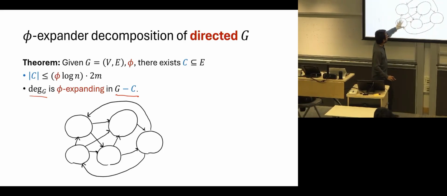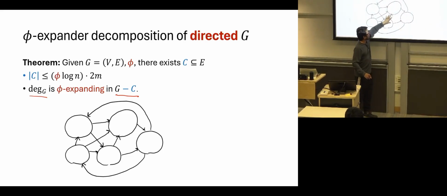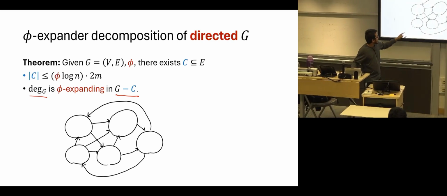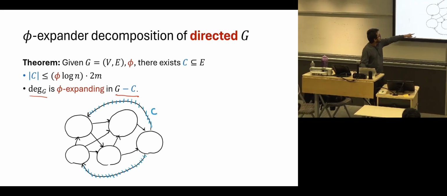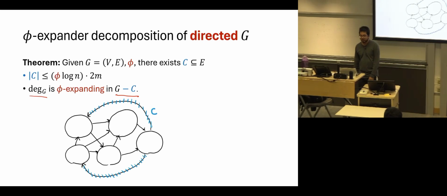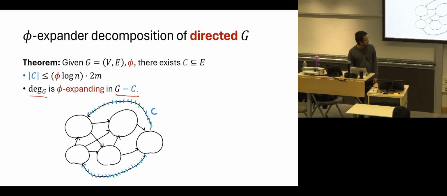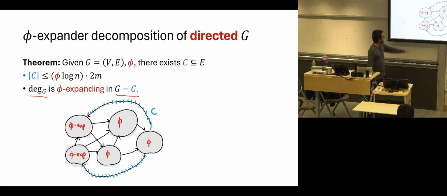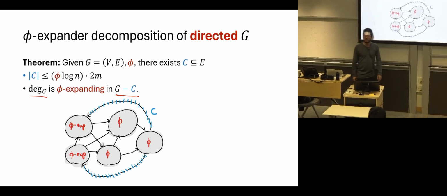Think of each of these components as a clique, and everything can reach everything in the beginning. It's just one strong component. But now imagine that you delete these edges, the blue edges. Now you get these components, and each part is expanding.